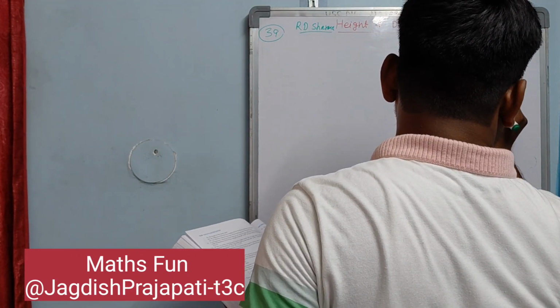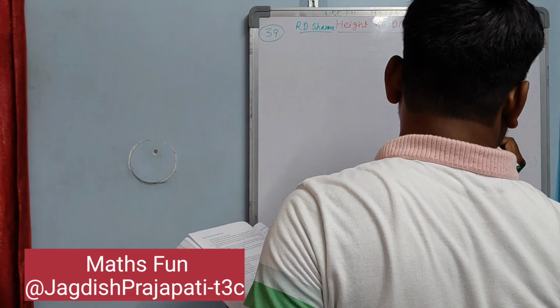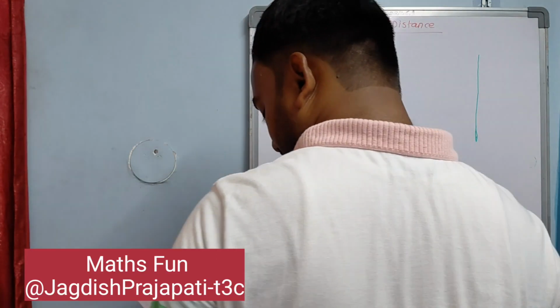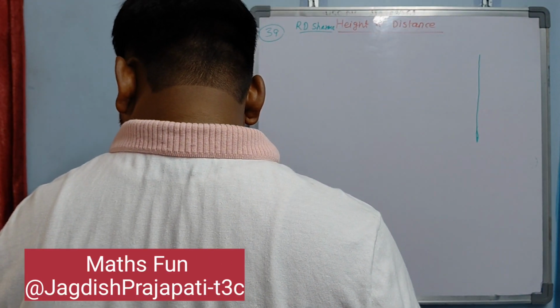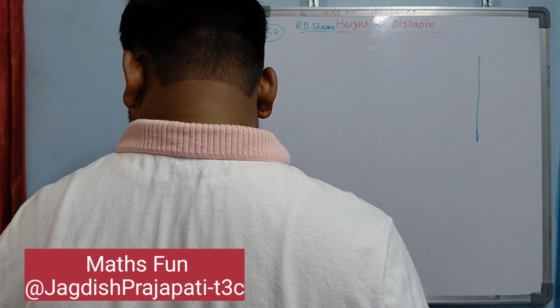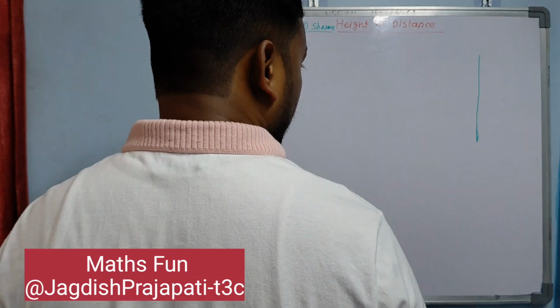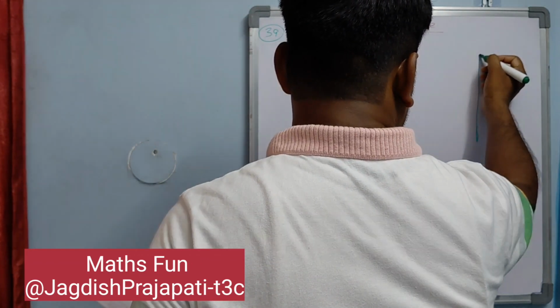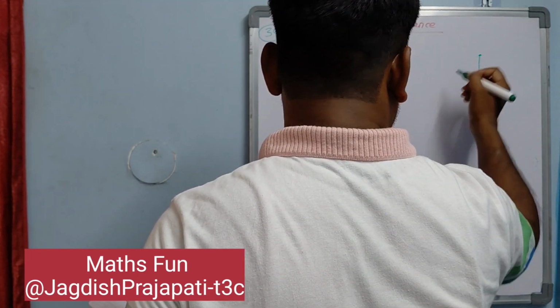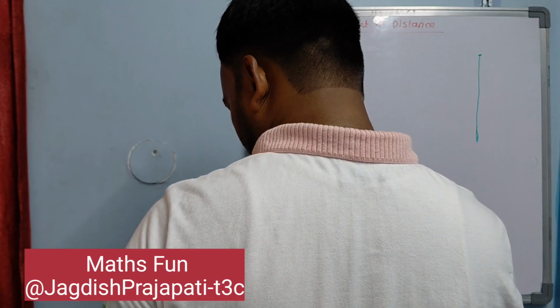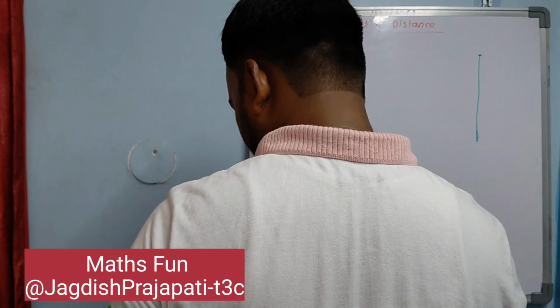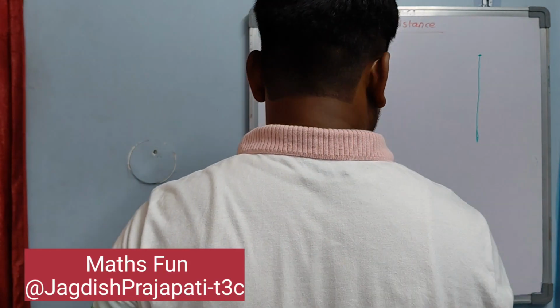So suppose this is a lighthouse, and this is the top of the lighthouse. The angle of depression of two ships on the opposite sides.